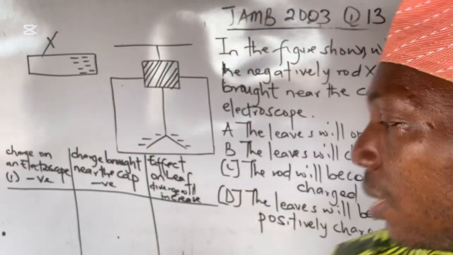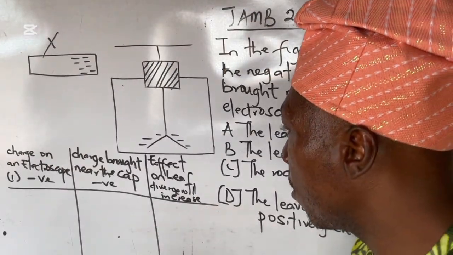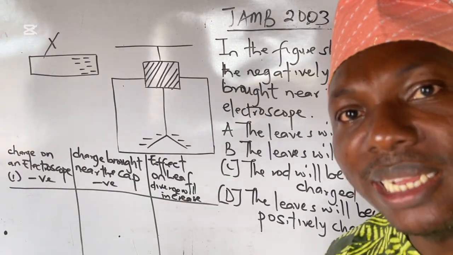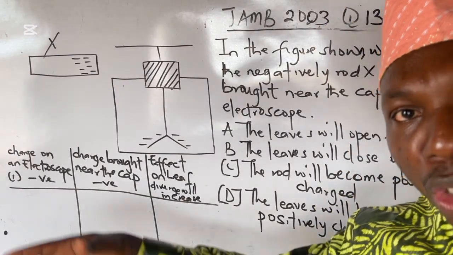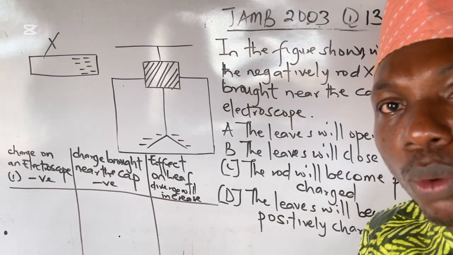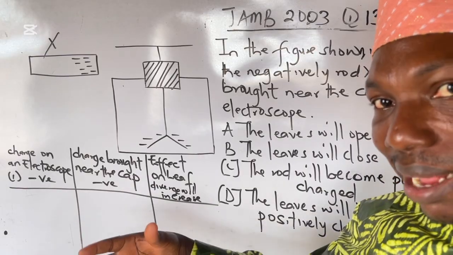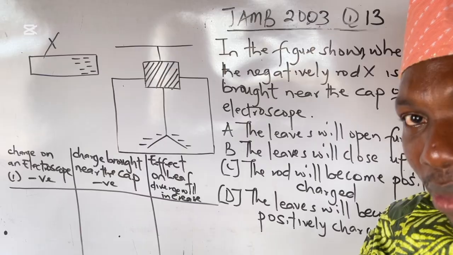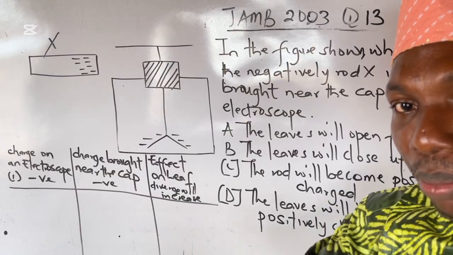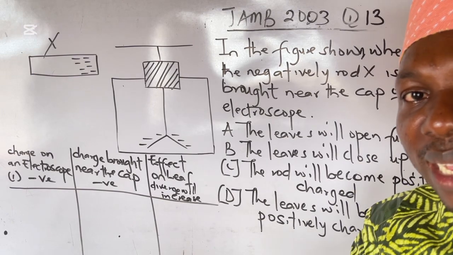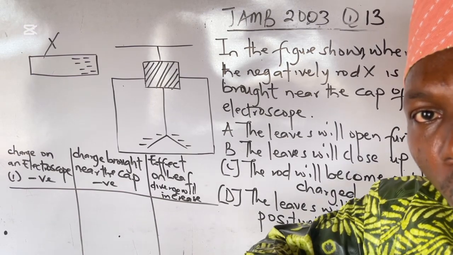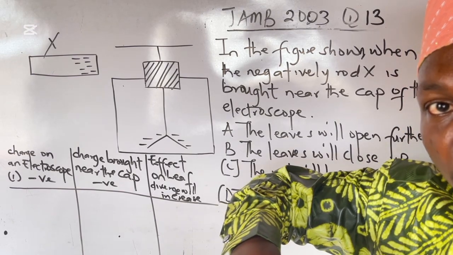Another word for divergence will increase is that there will be separation. The leaf will open further. Divergence means, again, there will be separation. The leaf will separate. Or you say the leaf will open further. Those are the words they use.